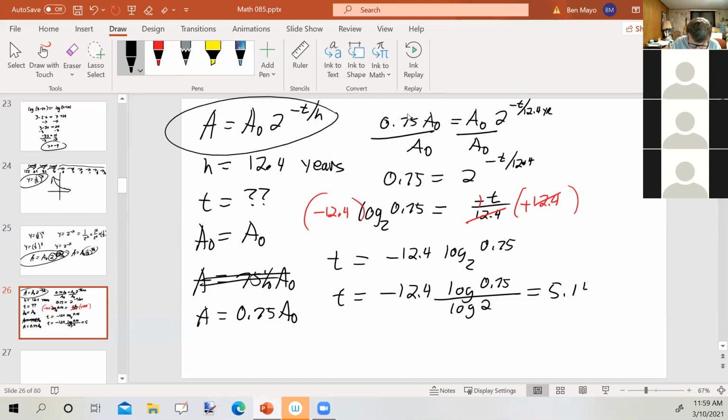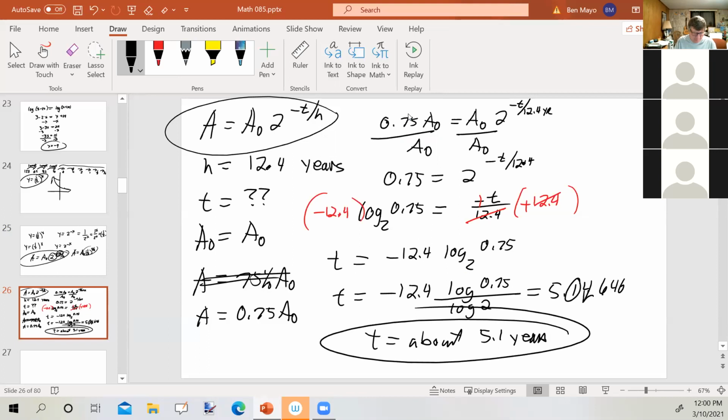I get 5.14646. Let's see, what does it say? They rounded it to the nearest tenth. The 4 would round down, so t is about 5.1 years.